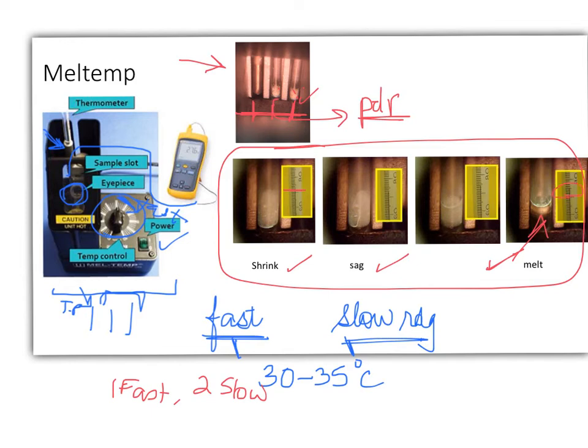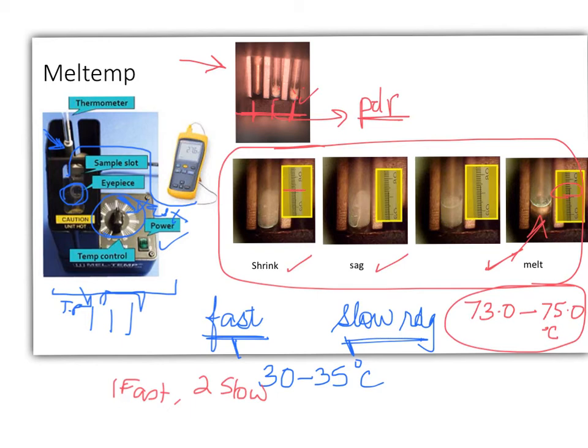So if this was your sample, you would report that as 73.0 to 75.0 degrees Celsius, because this thermometer reads clearly as 70, 71, 72, 73, so each degree, and if it is in between, you would be able to read that as well. You're going to have to include that decimal to keep the least count.